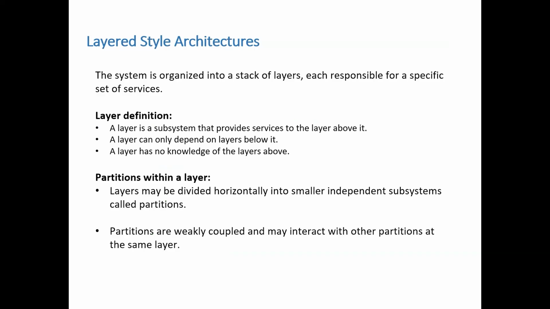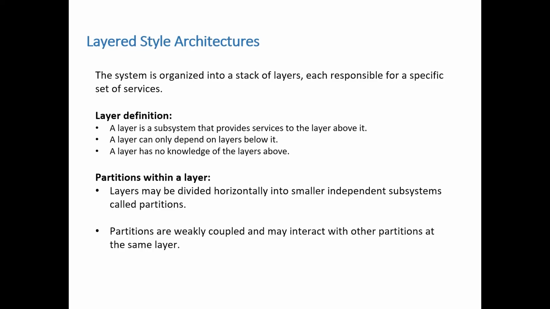For example, in a typical web application, you might have a presentation layer, a business logic layer, and a data access layer. Notice that each layer has a one-way dependency. It knows about the layer beneath it, but nothing about those above. This reduces coupling and increases maintainability.